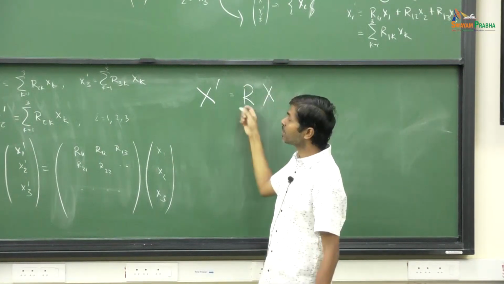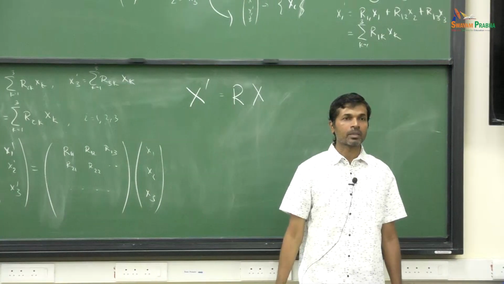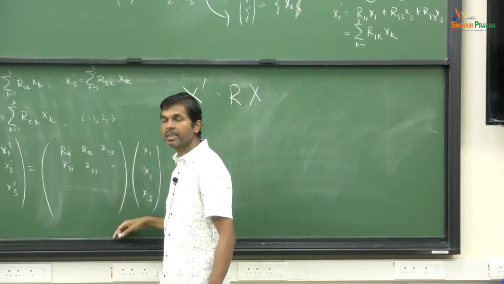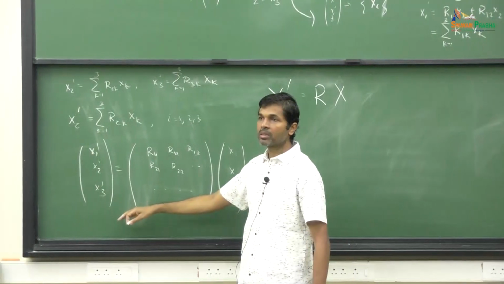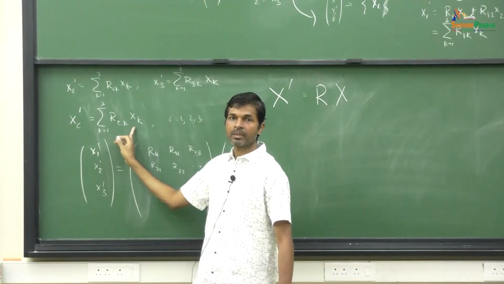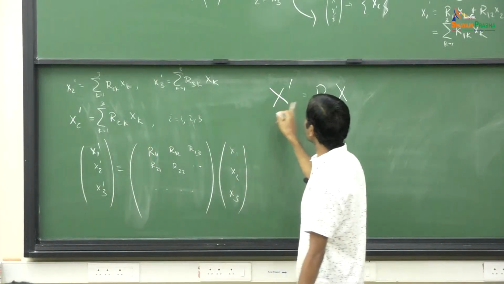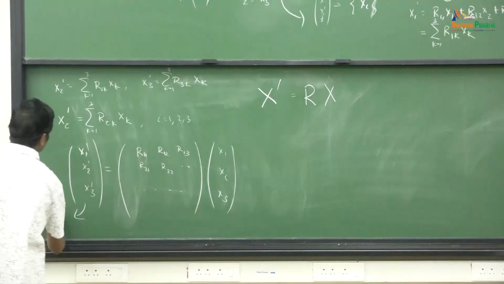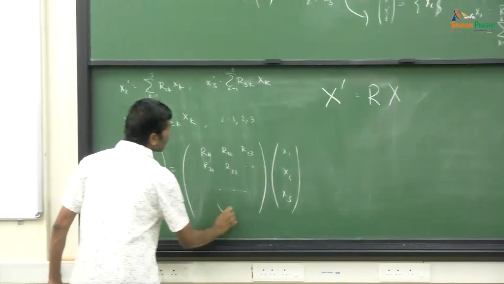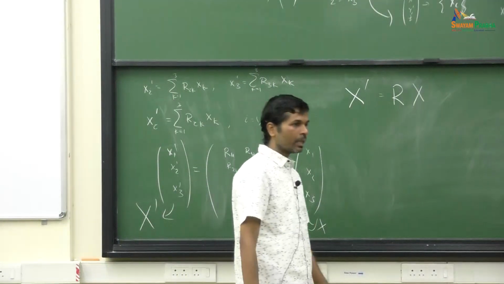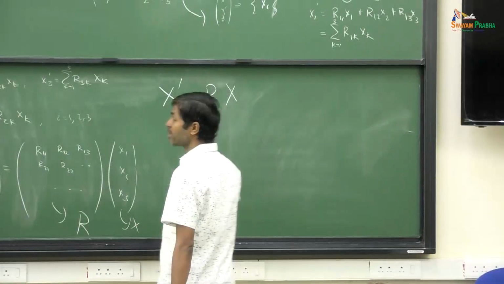So in matrix notation, I can write this way. The same relation, I can write it like this explicitly, or in terms of indices, I can write it this way, or I can introduce 3 matrices. I can call this x prime, I can call this R, I can call this x, and then this is what I will get.